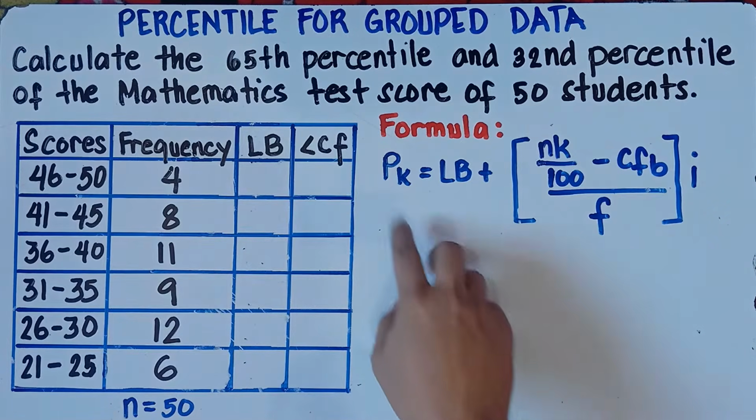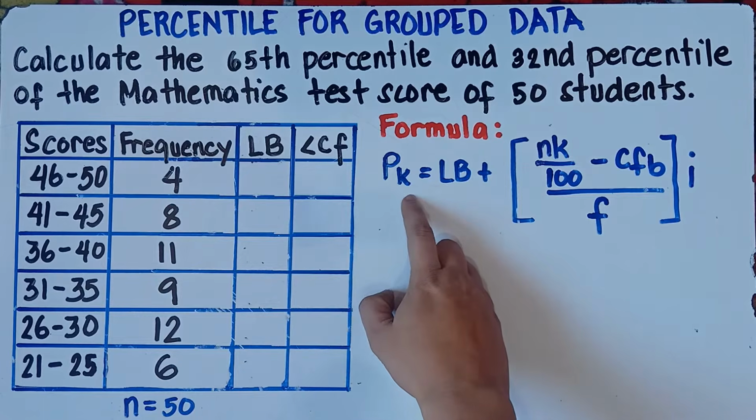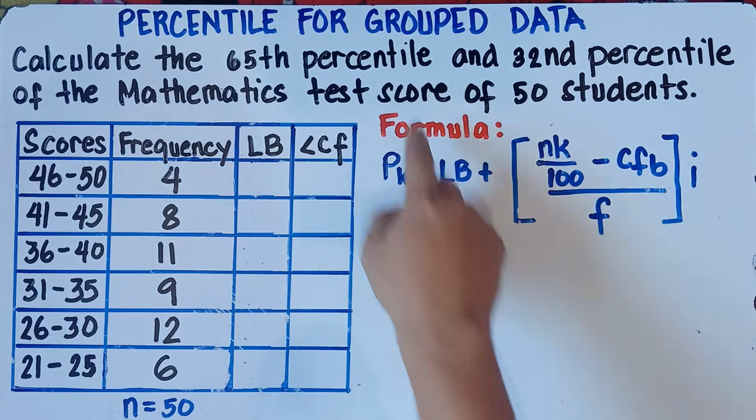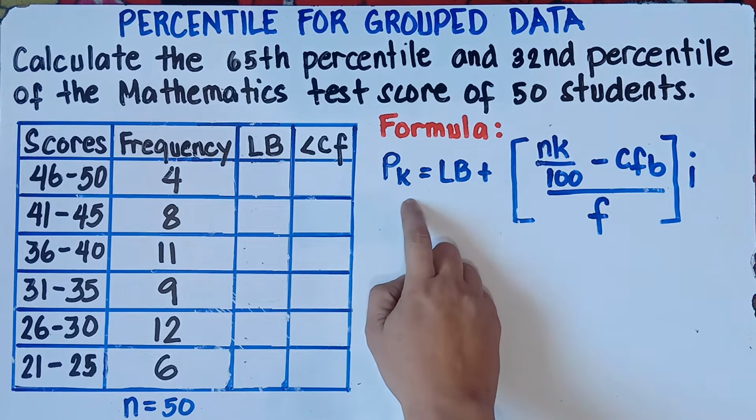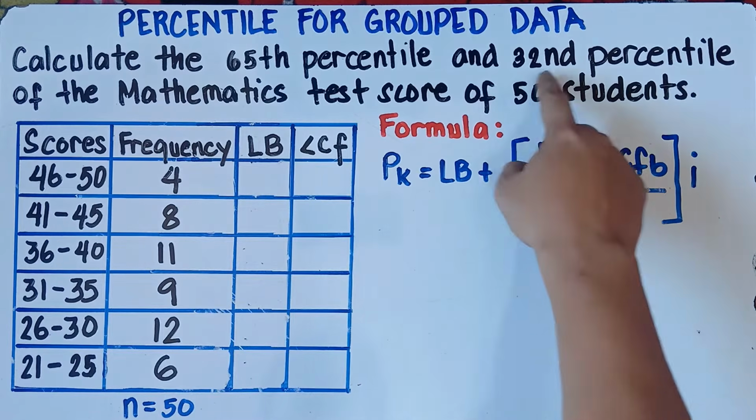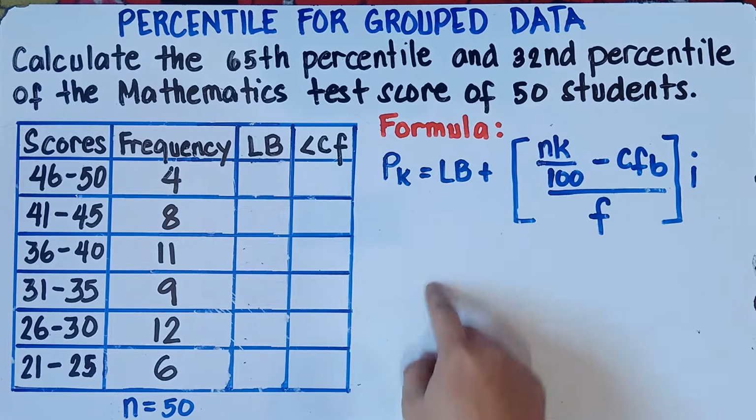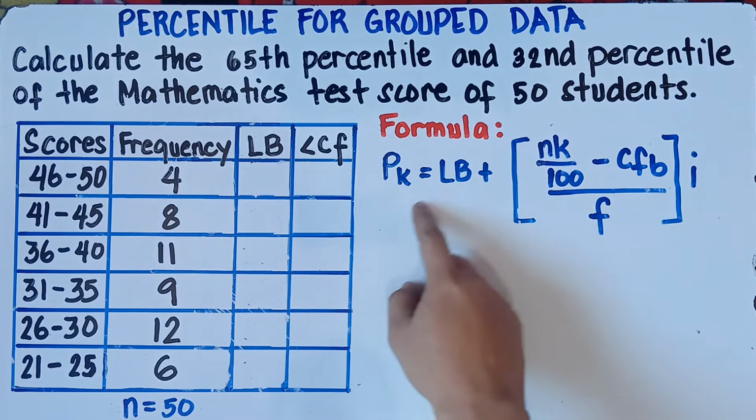In the formula, there will be P sub k. Now k there is the percentile that you're looking for. If you're looking for the 65th percentile, your k is 65. If you're looking for the 32nd percentile, your k will be 32.